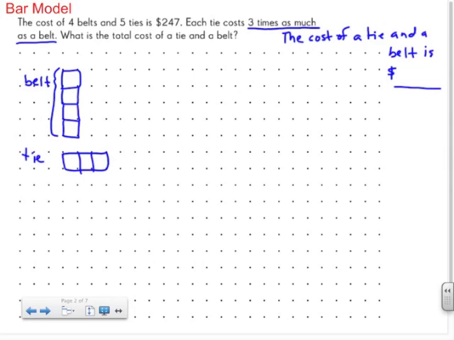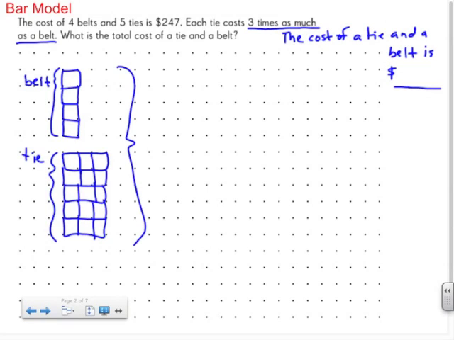That's 1 tie. And I have 5 of those. So I'm going to do that 5 more times. So these are my ties, and I have 5 of them. And the total cost of all of this is $247.